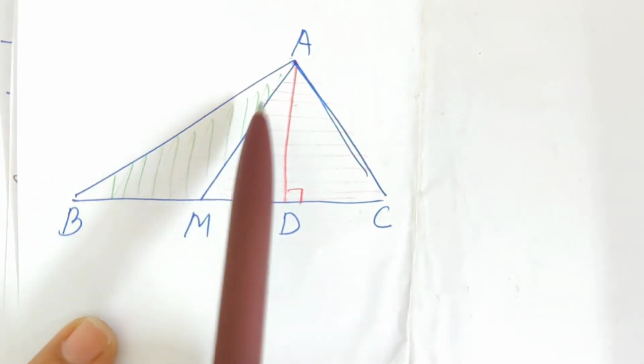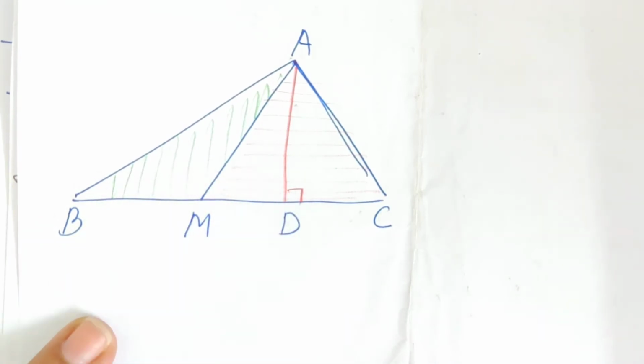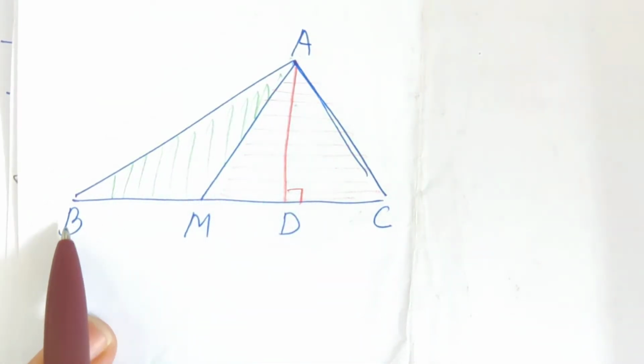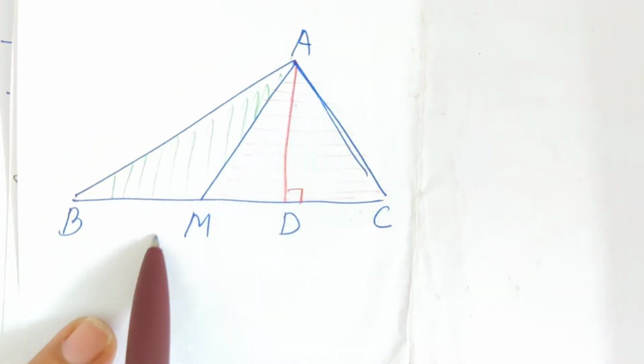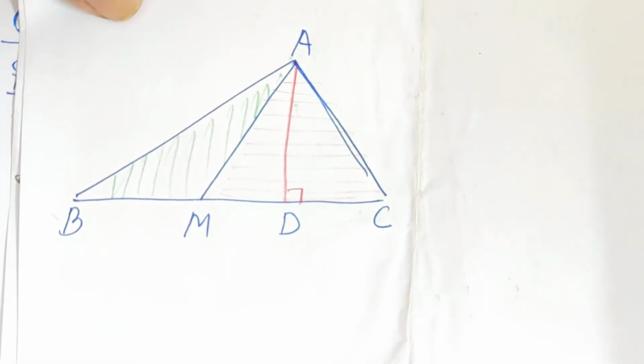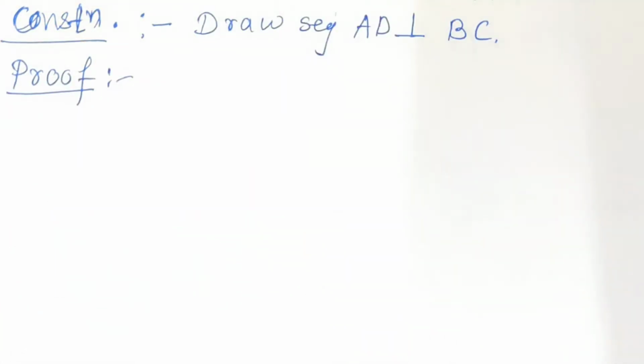That means one is an acute angle triangle and one is an obtuse angle triangle. So in this figure, angle AMB is obtuse and angle AMC is acute. This we will write in the proof, or it will be the starting of the proof.